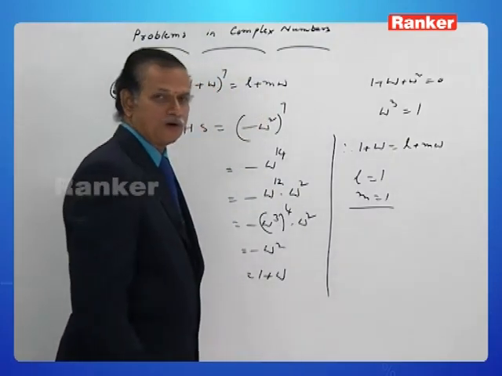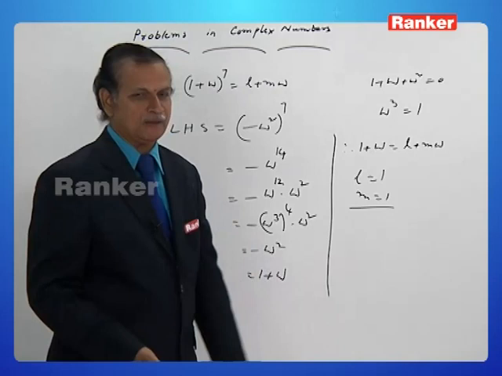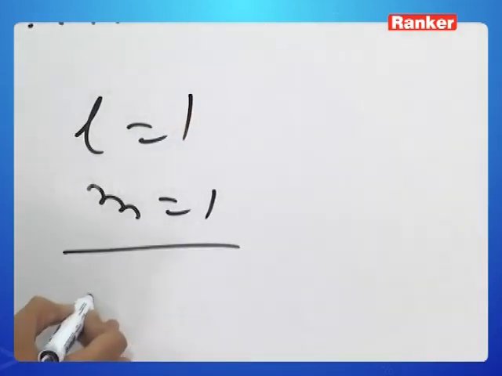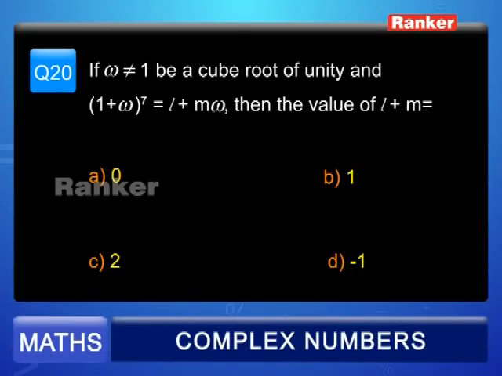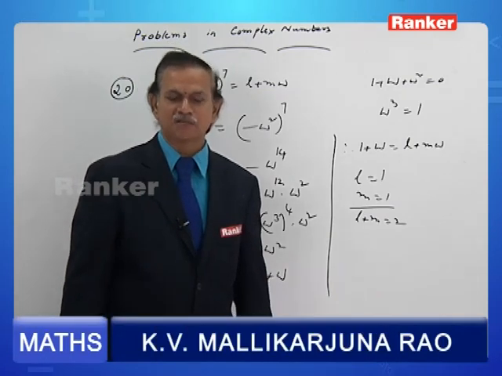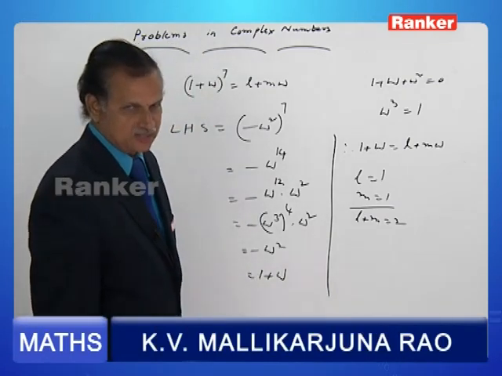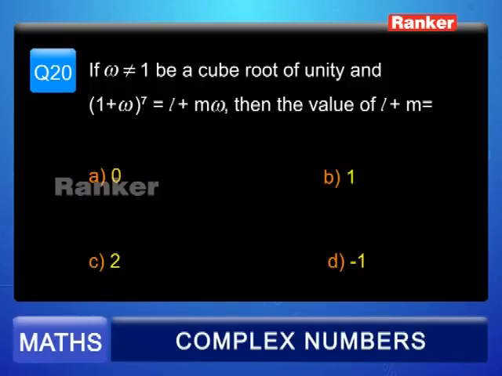We do not want the values of L and m actually. We want the value of L plus m. You just add them. L plus m is equal to 2. Therefore, option C is the right option. Value of L plus m is 2. Hence, option C is of course the right option as it is available in option C. Right answer is 2. Right option is C.